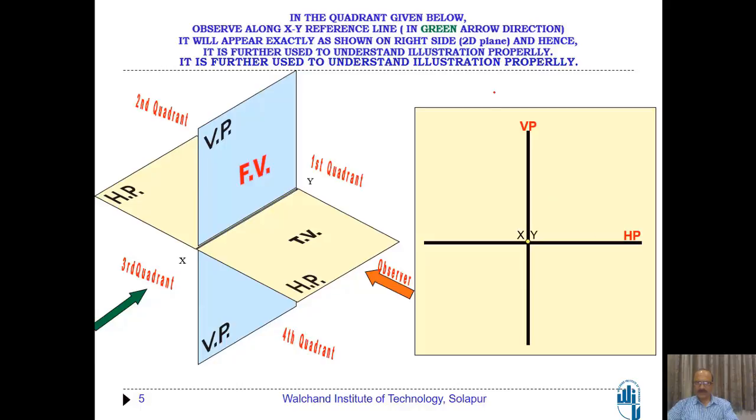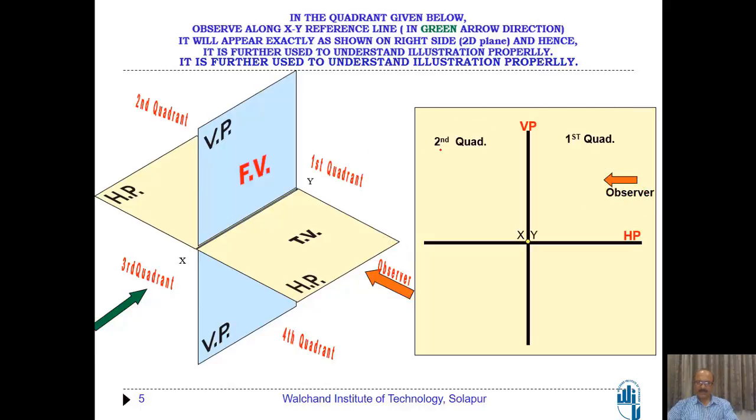Now this is the vertical plane and this is the horizontal plane. This line we represent here as this line, and this vertical plane we represent here as the vertical reference plane. Now we go with the next task. This observer we locate here as the observer.